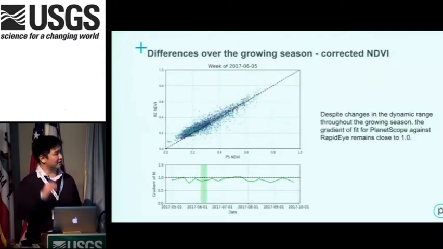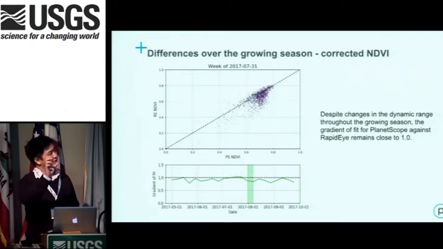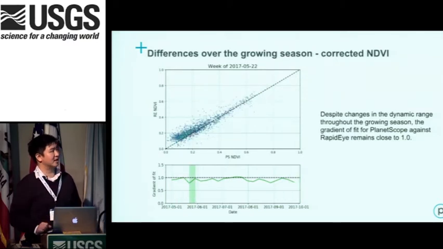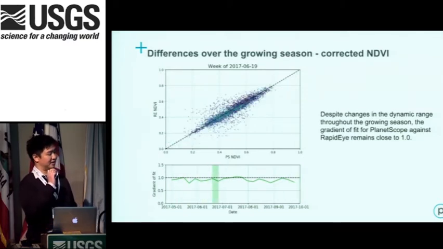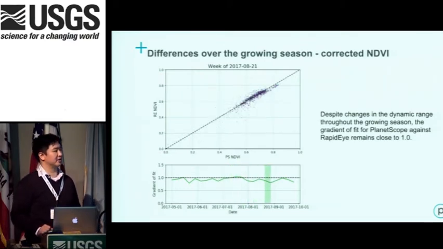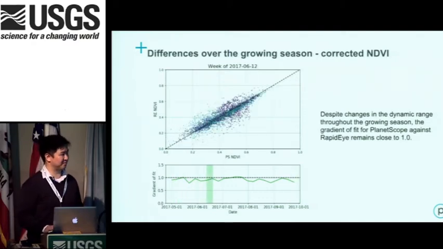You can see that although the dynamic range of the NDVI measurement changes through the growing season as it goes up and down the scale, the actual gradient of fit seems to be quite stable around 1, although not quite hitting that all the time.